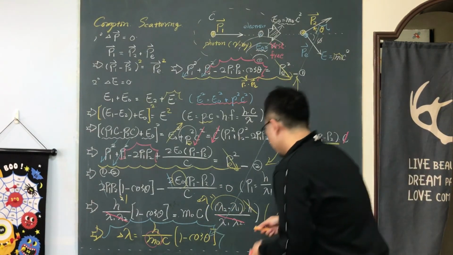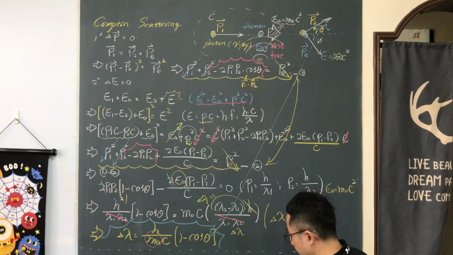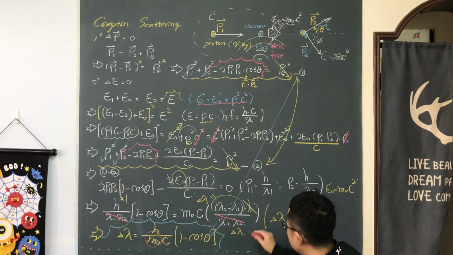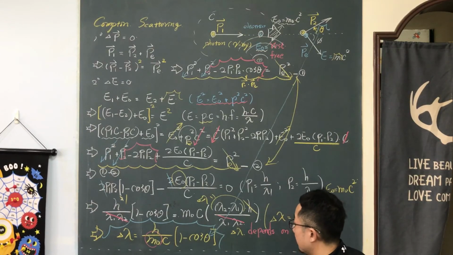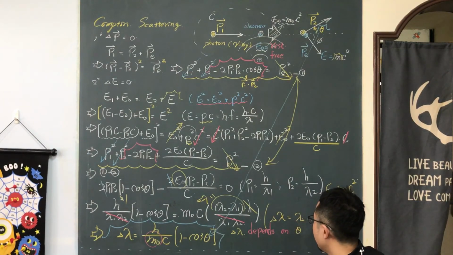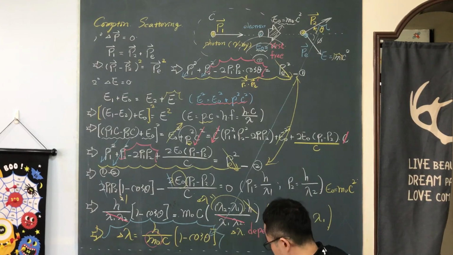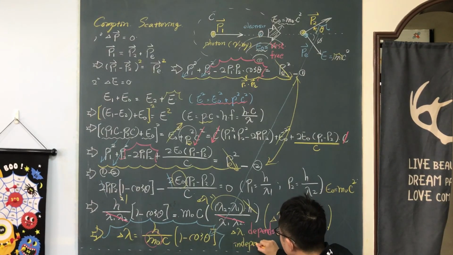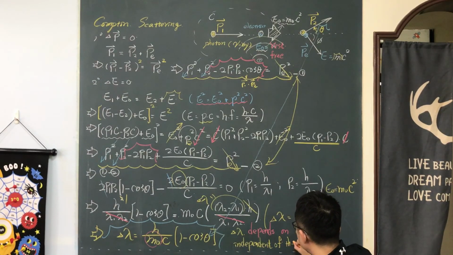So according to this equation, the delta lambda depends on the theta between the incident and the scattered photon, and is totally independent of the target.